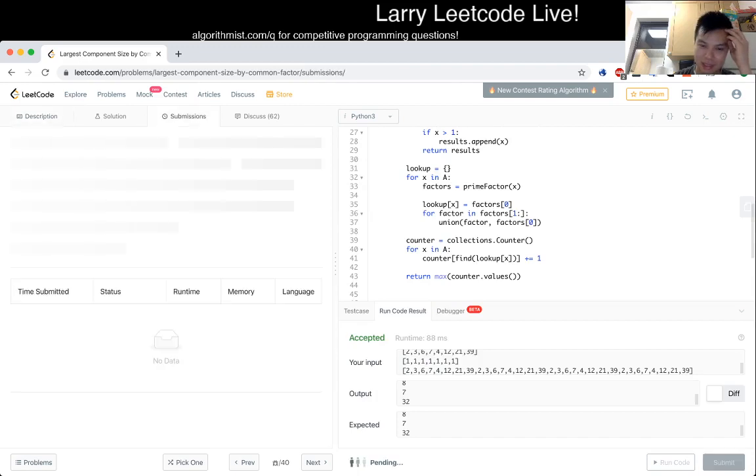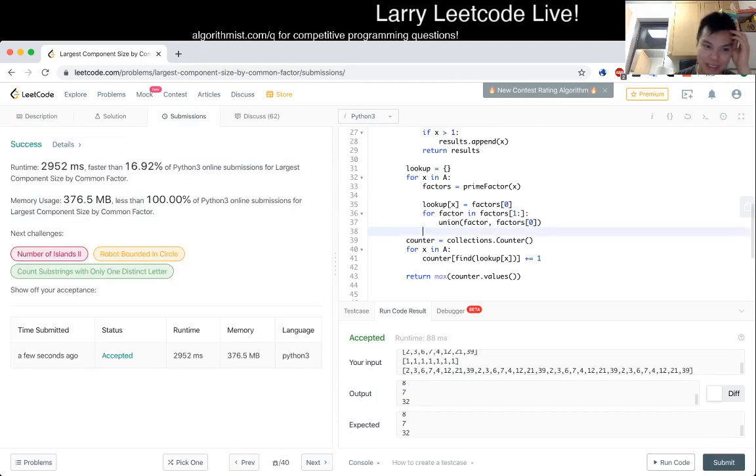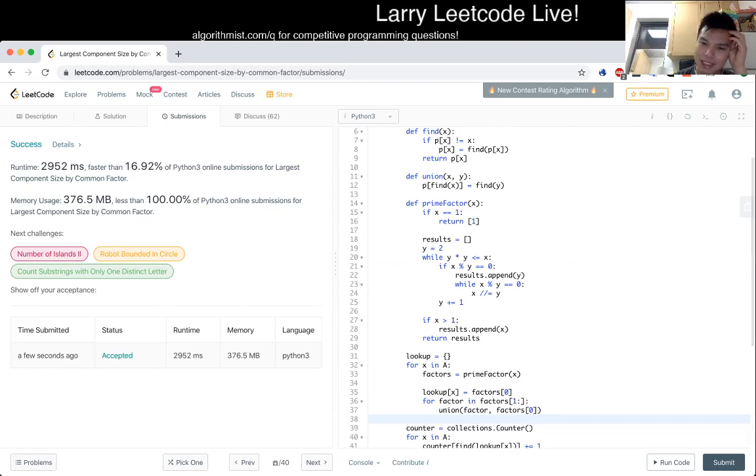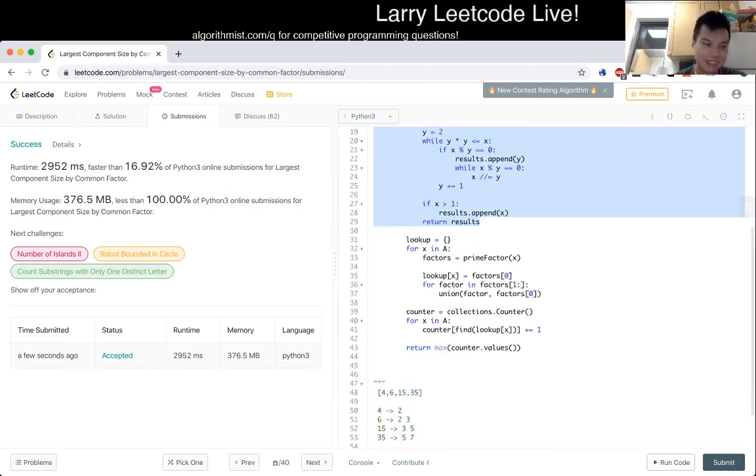Let's see where that goes. I guess I should have a solution that mixes both of them. But okay, cool. Wow, I'm very slow on this one, so maybe there is a faster way to do this. I guess I could optimize the prime factor. What I could have done was build a sieve. But I think it's running tight on the timing though.